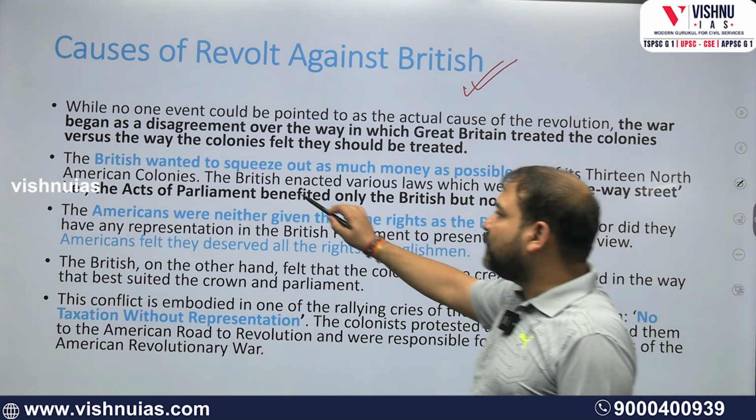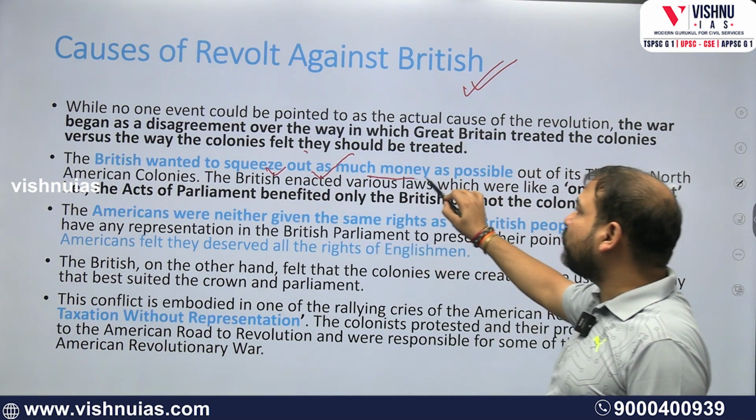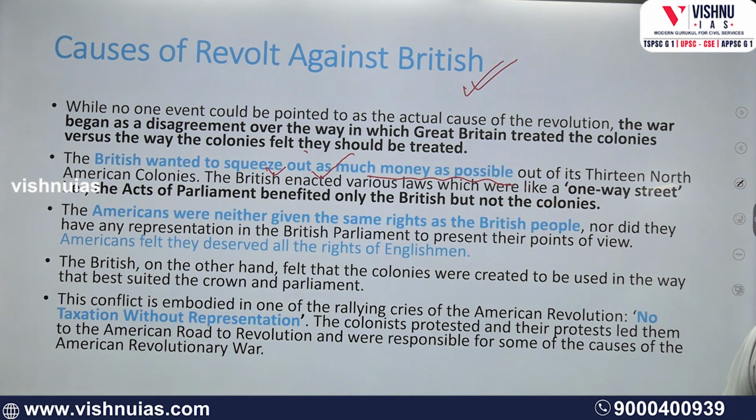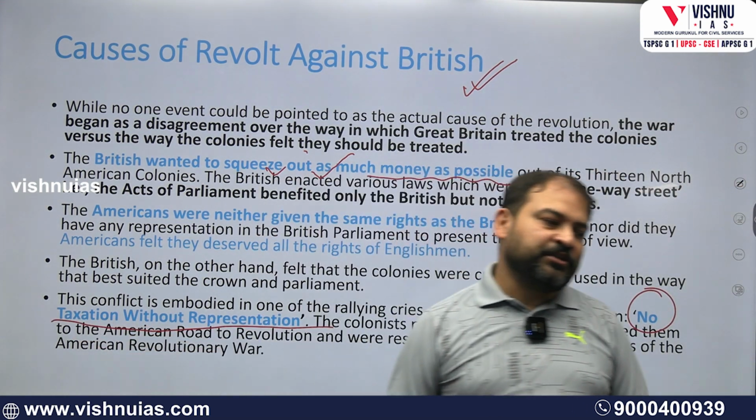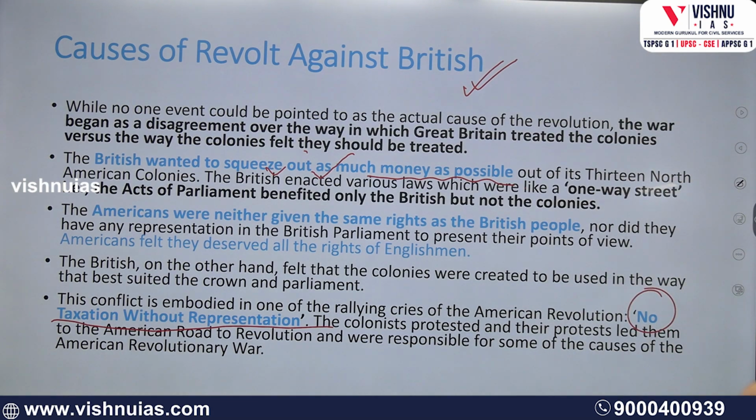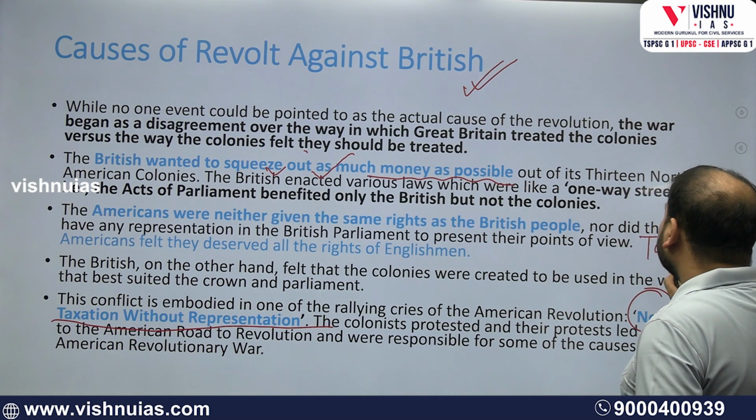The reason for that is the British want to take out as much money as possible. On the other hand, the American colonists were saying no taxation without representation. They were saying give us the chance to be in British Parliament, then you make any law. Before that, you cannot put any taxes on us.